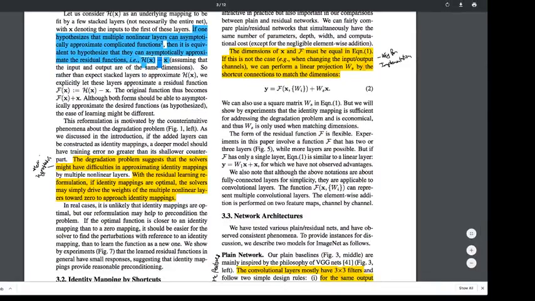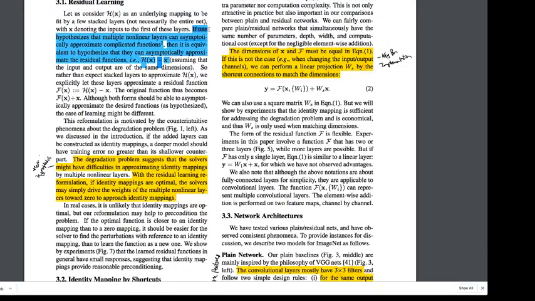So if one hypothesizes that multiple nonlinear layers can asymptotically approximate complicated functions, then it is equivalent to hypothesize that they can asymptotically approximate the residual functions. So let's talk about this idea of a residual function. These are our 2 layers in some neural network, and we have this input x coming into here.